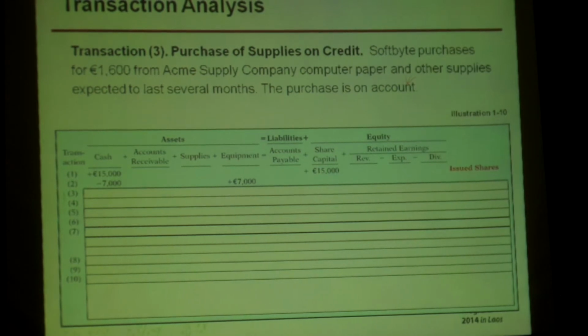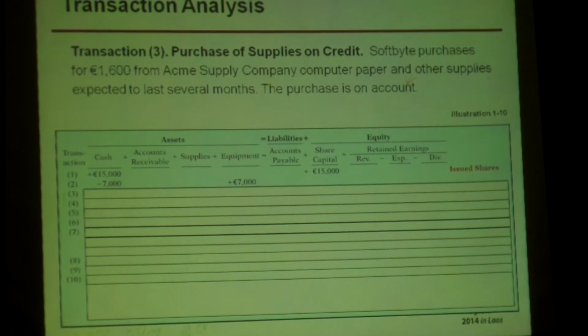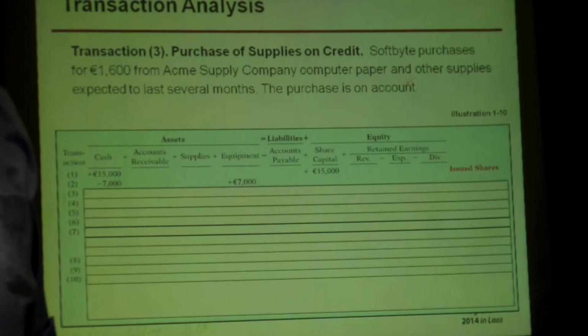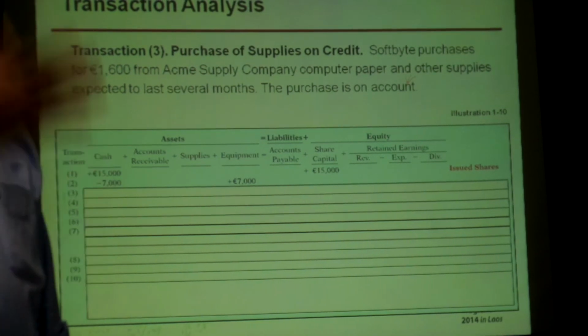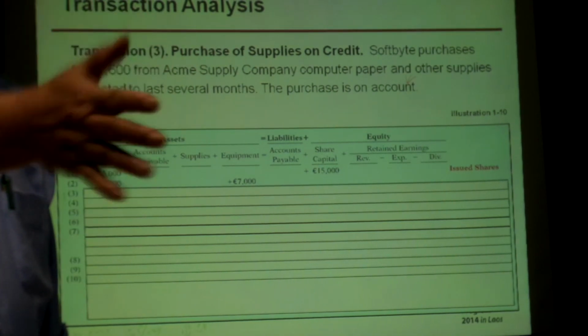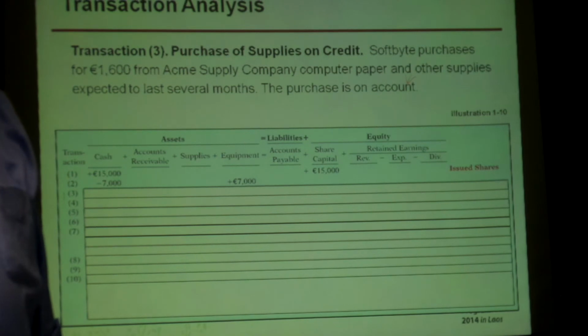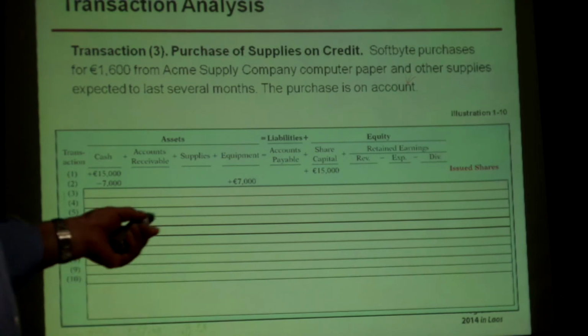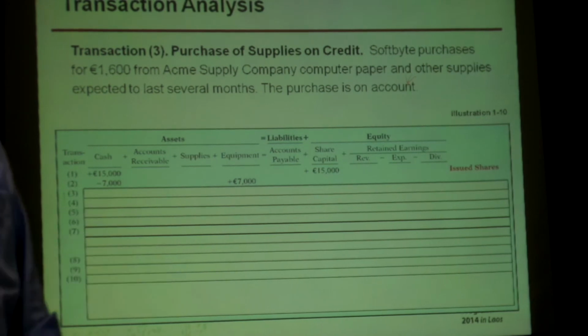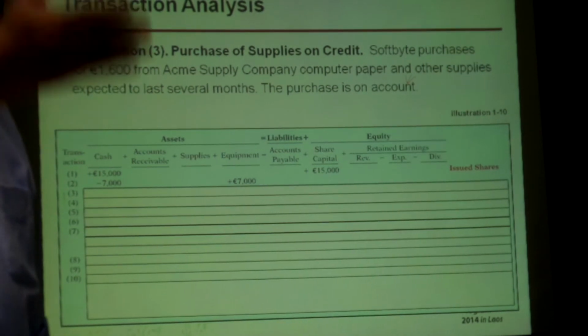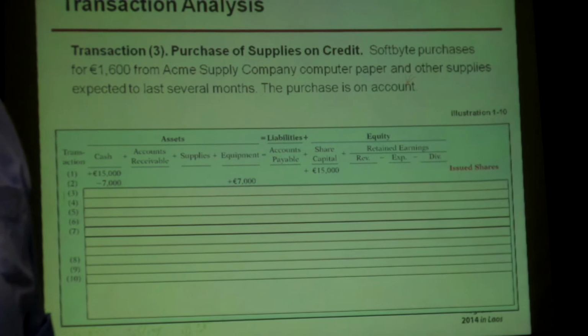Did company pay cash? No, company didn't pay cash. Company just promised to pay cash later. That is on account, this one. The purchase is on account means that I will pay you later.